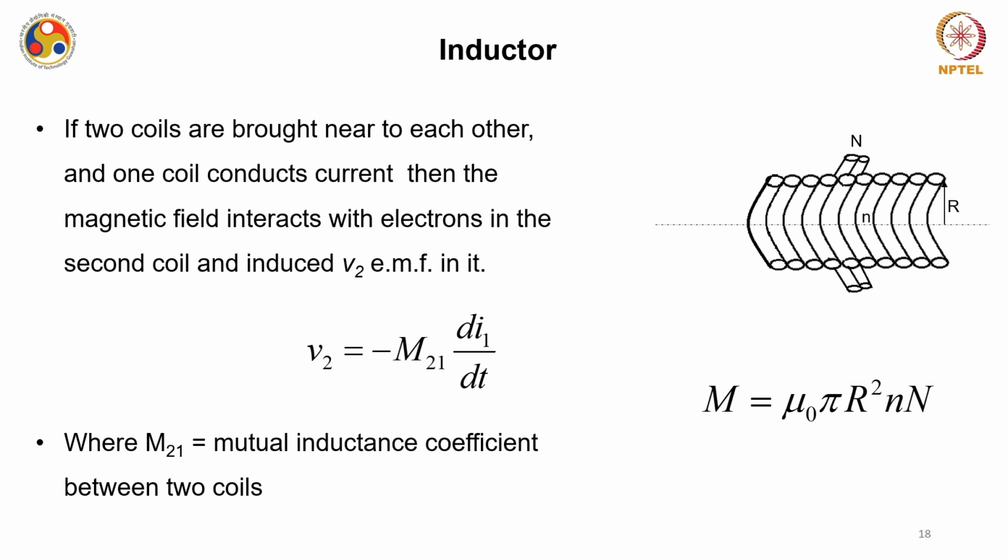Complete discussion on self-inductance and mutual inductance is beyond the scope of this course, but at least we will see what this induced voltage is and the reason behind it.